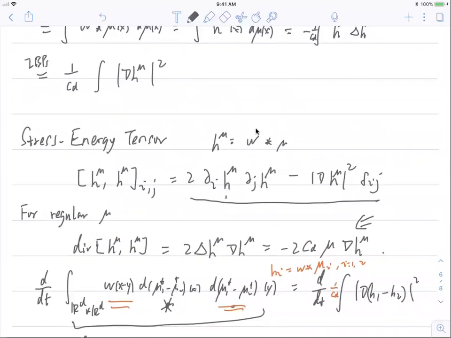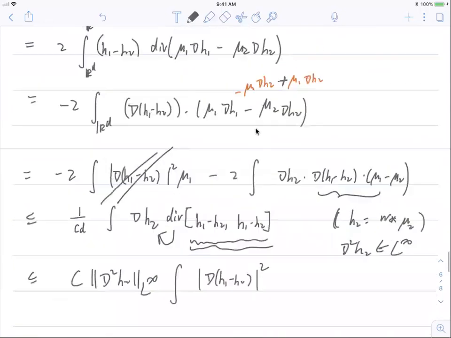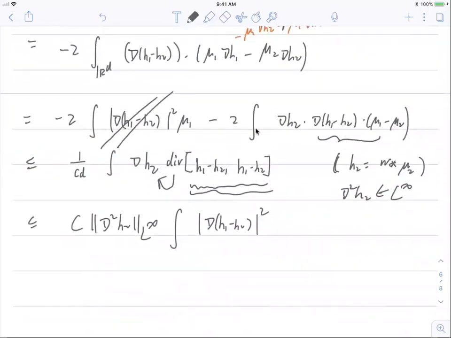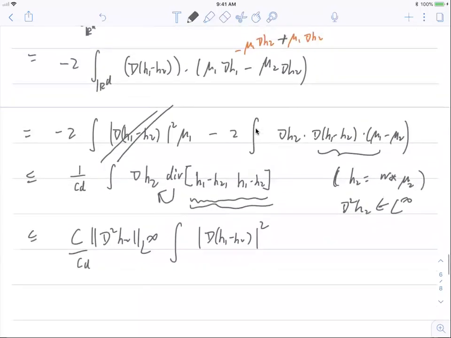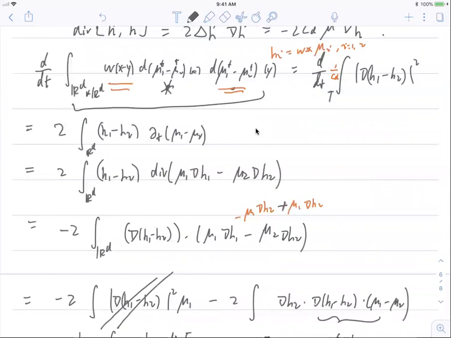Because this is a square term. Up to a constant, this is always true. So what do we have? Sorry, maybe it's a constant over CD, okay? Because CD is always there, and here it seems they also have 1 over CD, so I want to keep it there.